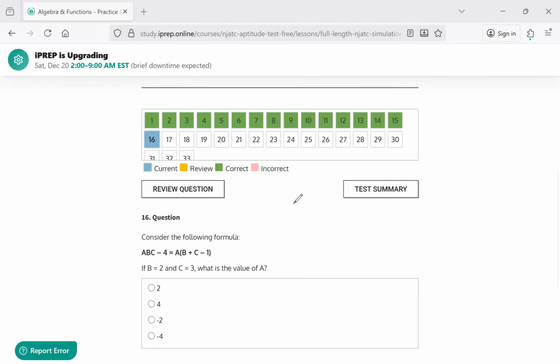It will be A times B, which is 2, and my C is 3, minus 4 equals A times B, which is 2, plus C, which is 3, minus 1, right?